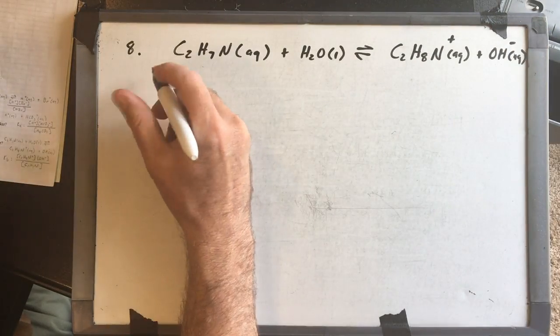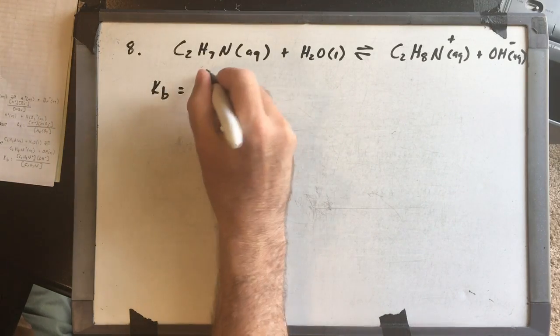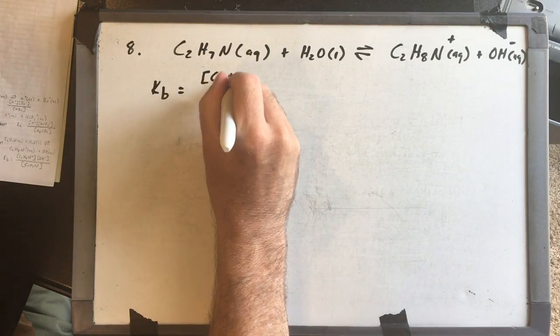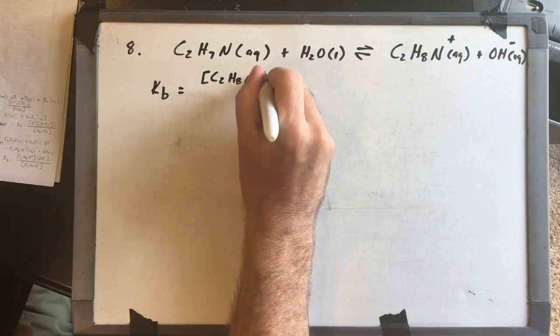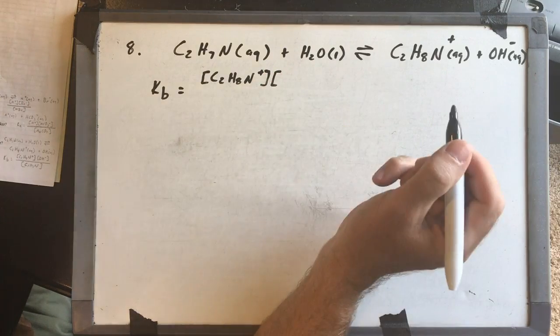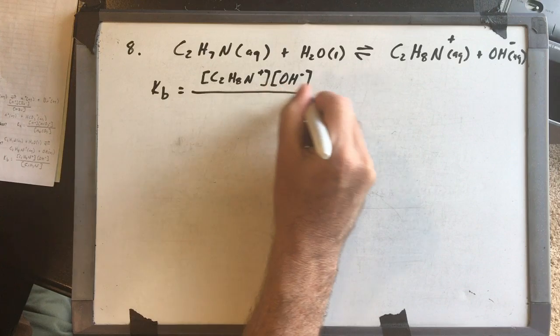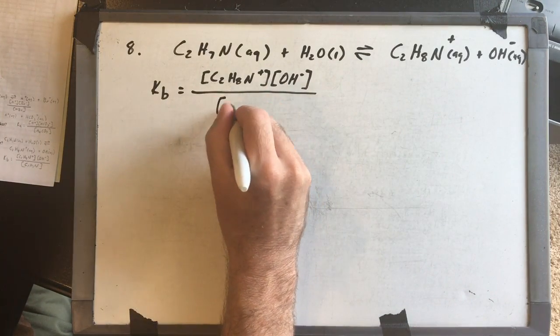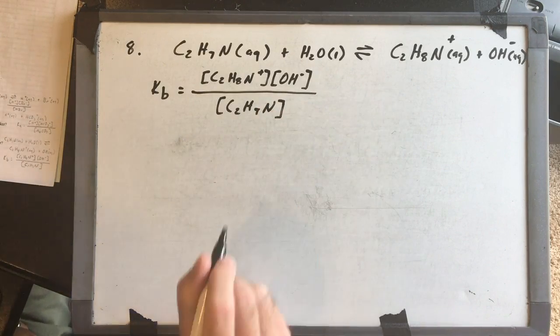Okay, so to get K sub B, it would be C2H8N. Don't forget the plus, concentration of that. OH minus. And then we don't include the liquid, so only the C2H7N concentration.